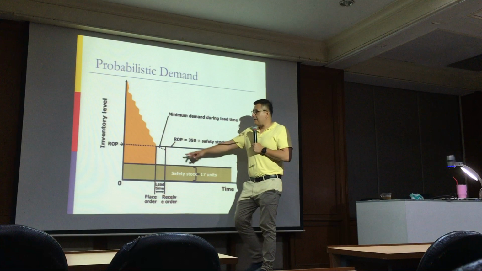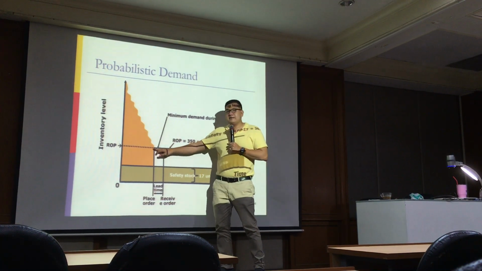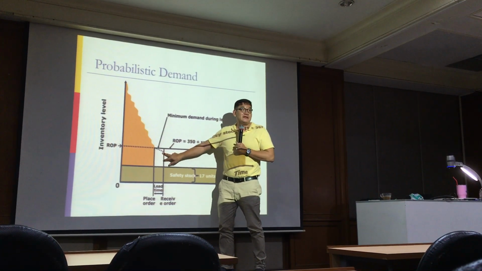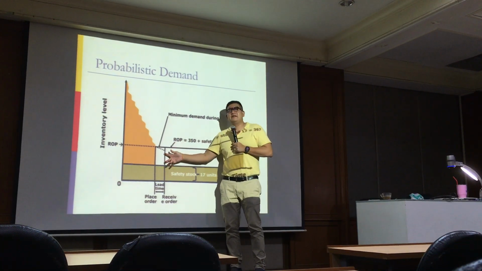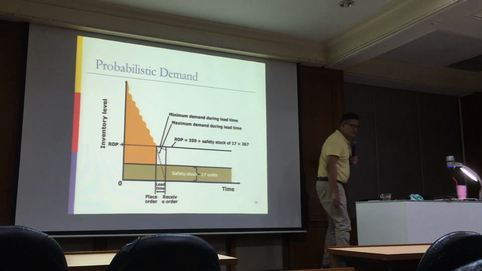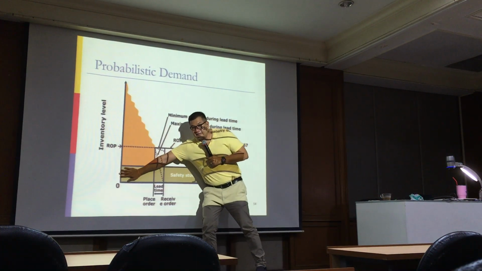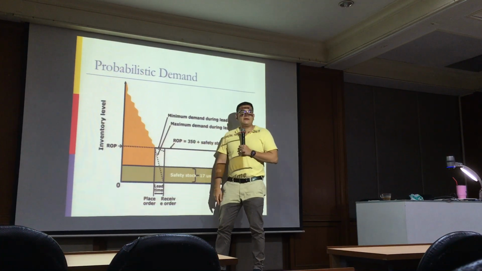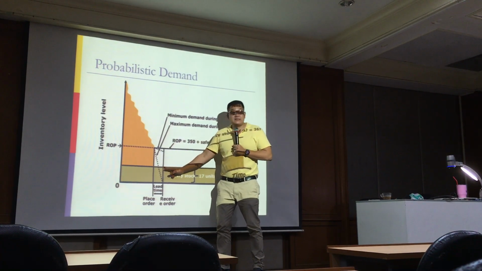In this case, demand is not too much, it's very little, so you have remaining inventory when the time reaches the lead time. That's okay, you're going to carry this inventory. How about this one? If the demand is going like this, you have the problem of a stock out before you reach this time.